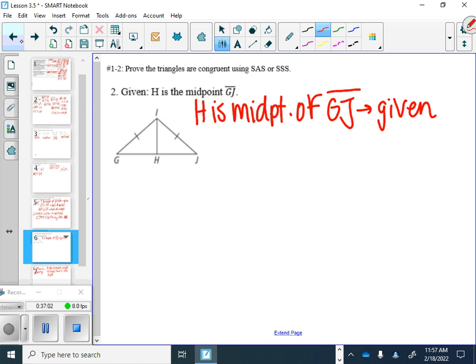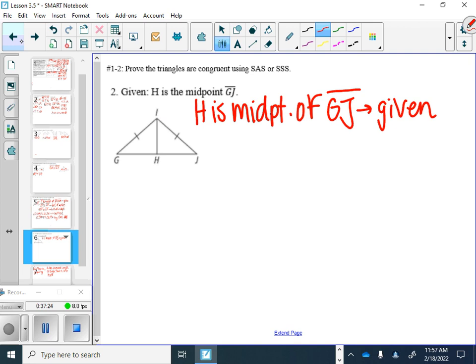Say what you said though. It's splitting what? What line? Tell me the names. H is splitting what line in half? Someone help her. GJ.